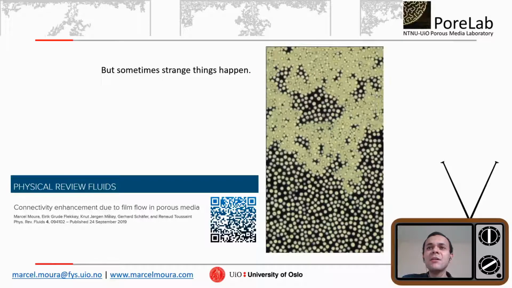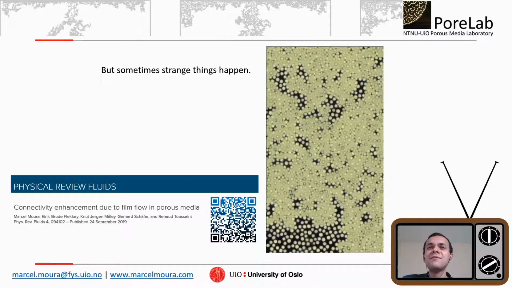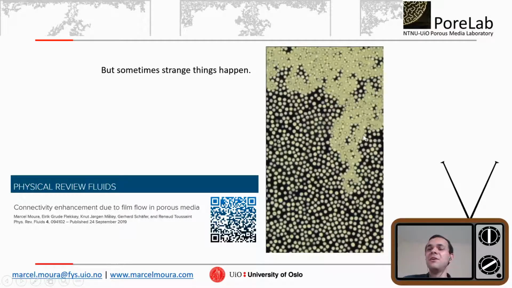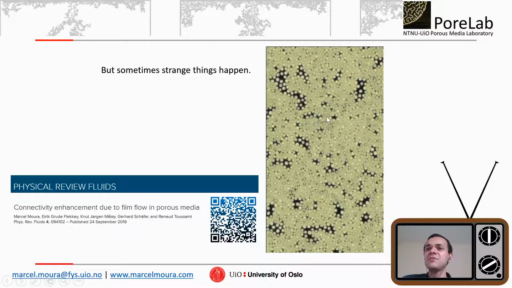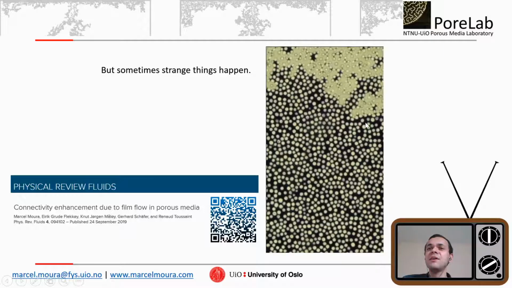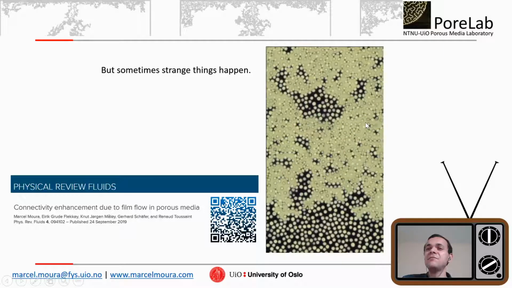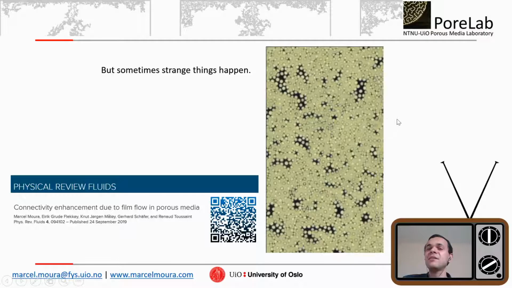But if we look close enough and for long enough, sometimes we see things like this happening. This is exactly the opposite of what I just said. This cluster here has been trapped, but for some reason it got drained. This is the kind of invasion event that I'll be talking about in this presentation.